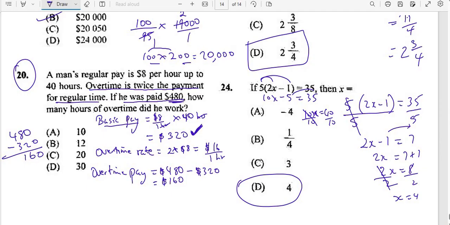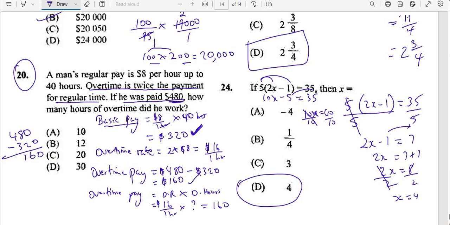Now, we know that his overtime rate of pay is $16 per hour, right? So another way to look at the overtime pay would be what? The overtime rate multiplied by the overtime hours. What's the overtime rate? $16 per hour, correct? And what's the overtime hours? That's what we're trying to find. But we know when we multiply that, we get $160. That's what I worked out here.